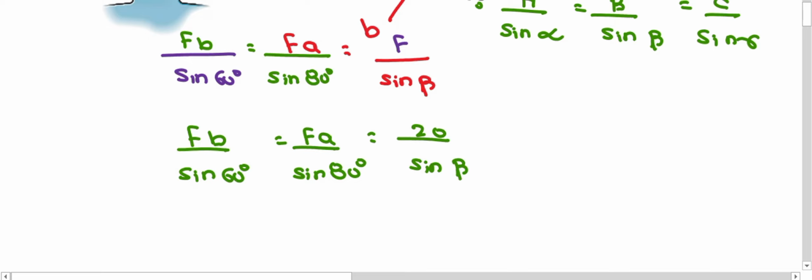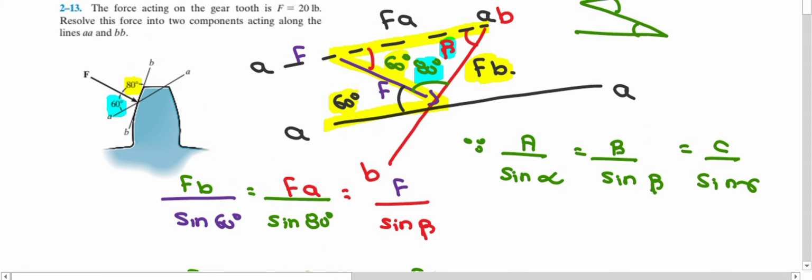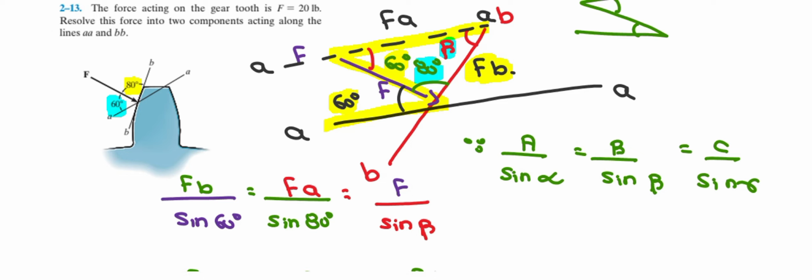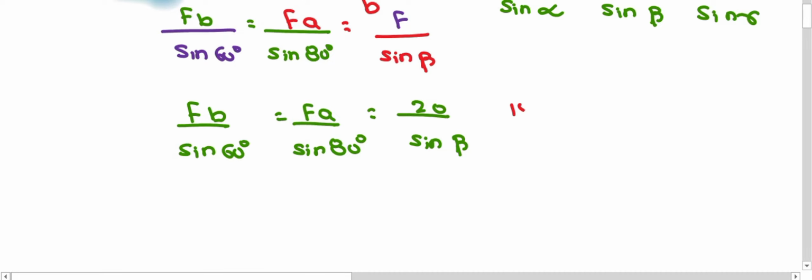So what is the value of beta? In a triangle the summation of all the angles is equal to 180 degrees. So 180 degrees equals 60 degrees plus 80 degrees plus beta.